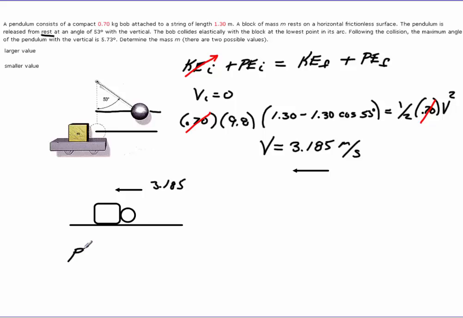Our momentum P initial, right when impact occurs, I'm going to let anything that goes this way be negative. Now that's a vector quantity. It's going to equal the mass times the velocity, and I'm going to make my velocity negative because anything going this way I'll make negative.